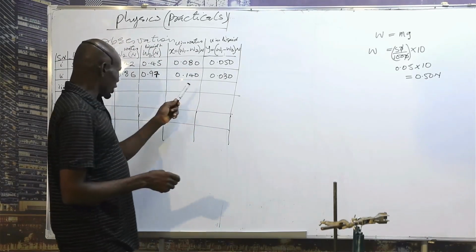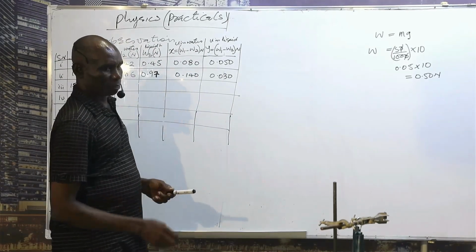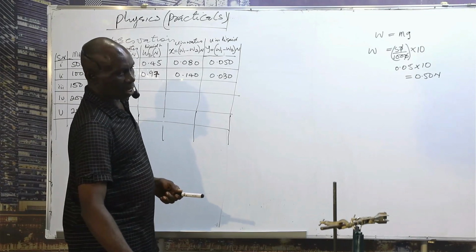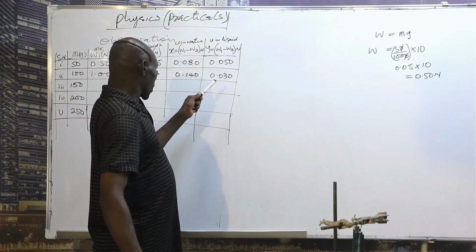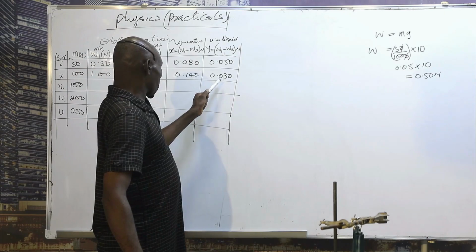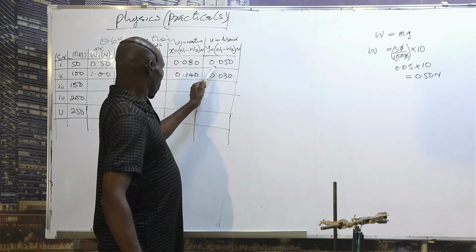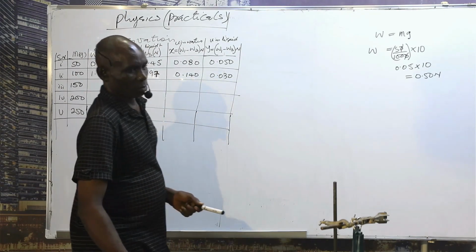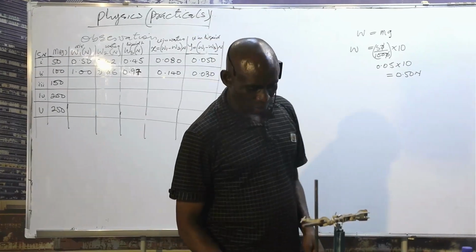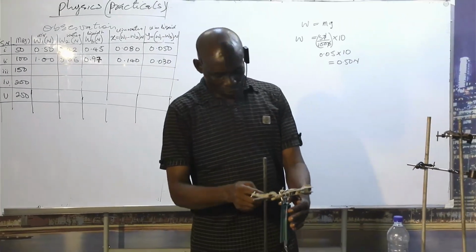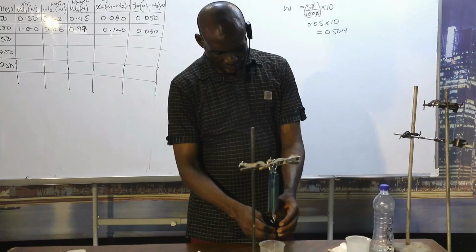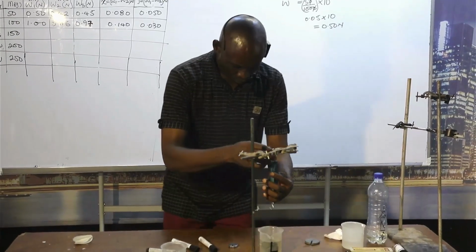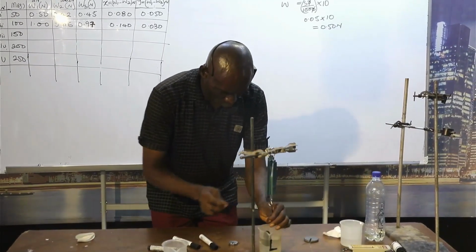That means the reading is not in order. So we must go back and find out exactly what happened because of the difference between the two. So let us now adjust this back to normal.